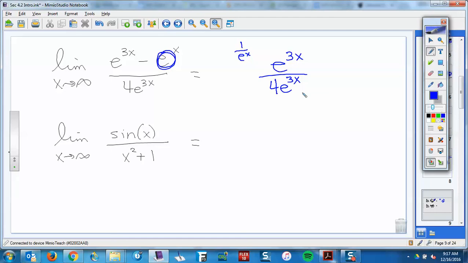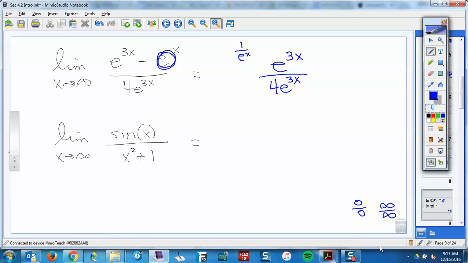Because sometimes people run into this, and I gotta nip this in the bud. Does 0 over 0 equal 1? Does infinity over infinity equal 1? No. No. No. See, because here's what some people think. Some people will look at this and say, well, this is going to infinity on top. And this is going to infinity on the bottom. So infinity over infinity is 1.